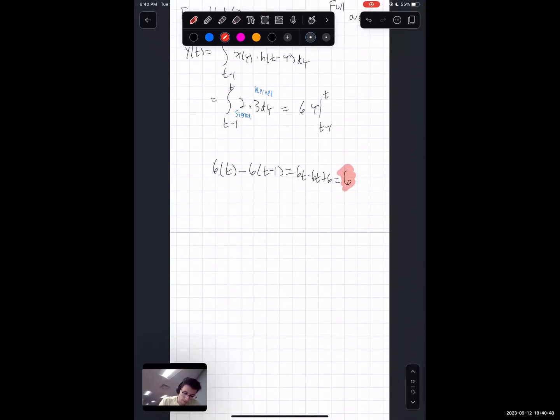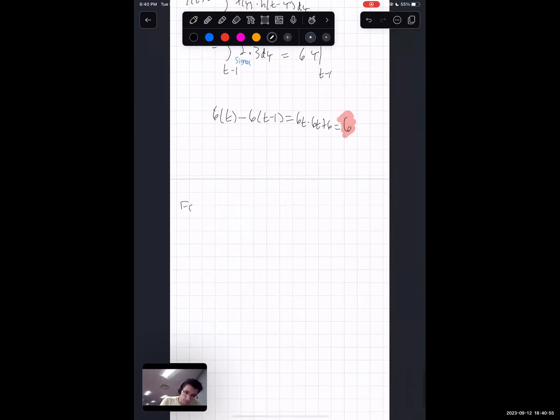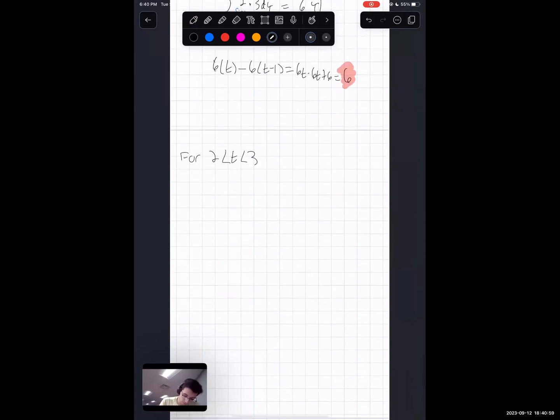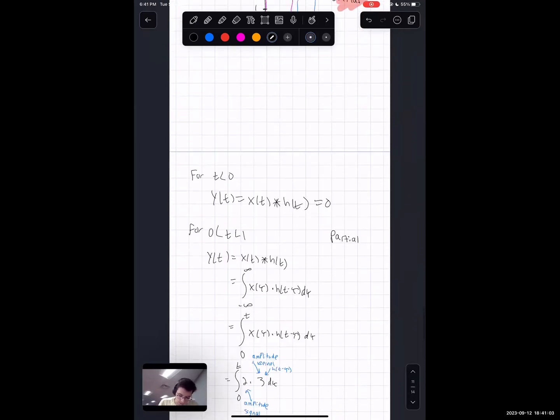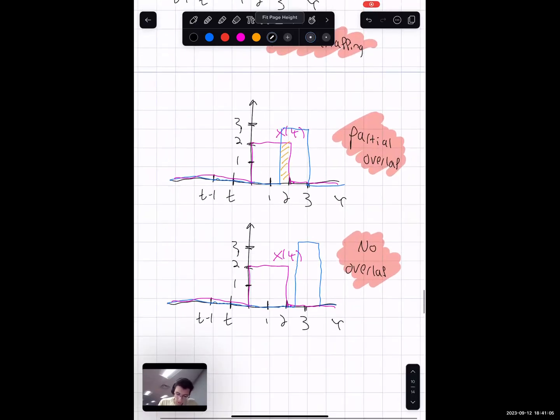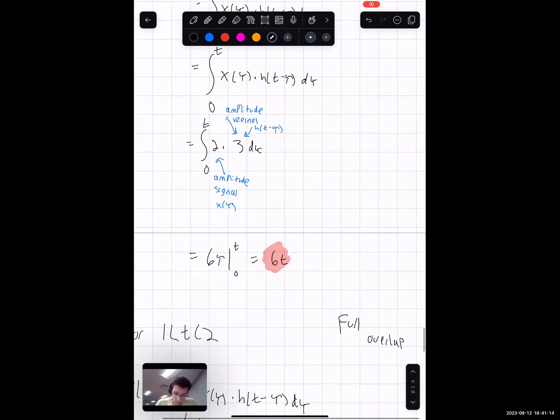Now let's go back to our partial overlap condition. This is gonna be our last one. So bear with me, guys. Well, second to last, but the last one's really easy, just 0. We're going to this region. So once again, how did I choose this? 2 less than t less than 3. It's gonna be this partial overlap, right? When we're less than 2, we're gonna be fully overlapping. When we're more than 3, there's gonna be no overlap, okay?